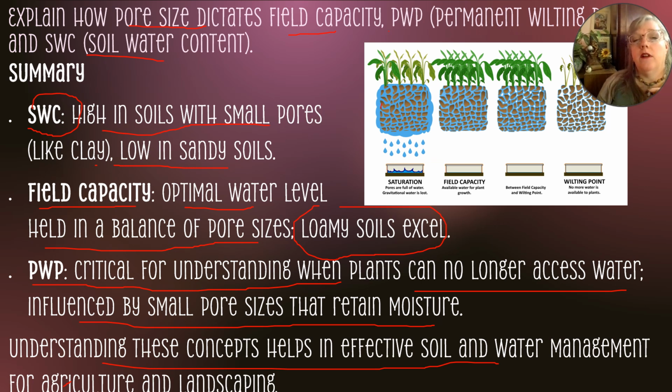Look at your picture here. This is saturated soil. This is field capacity where the plants can get plenty. This is perfect. And this is getting a little bit low. Do you see where there's spaces in here? The field capacity is starting to drop. And at this point, you see that there's still water in the soil. This is the permanent wilting point.